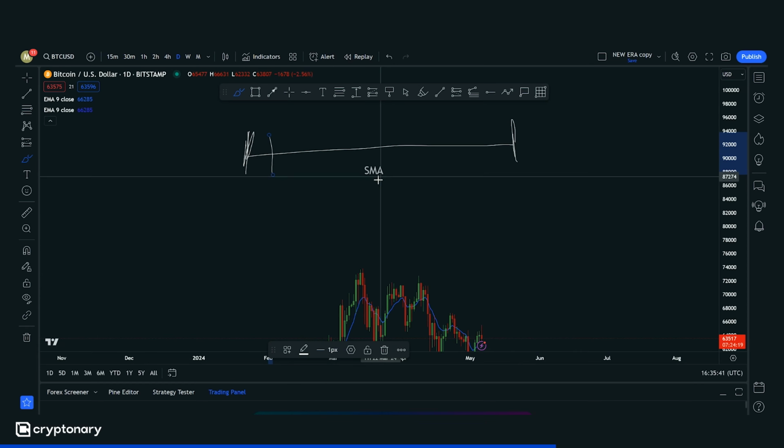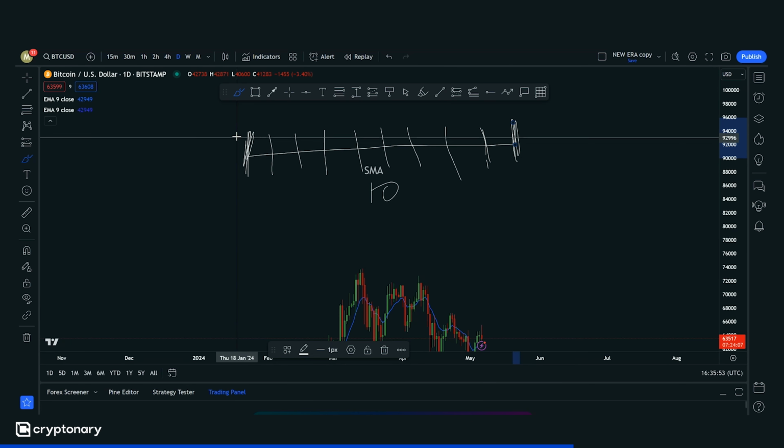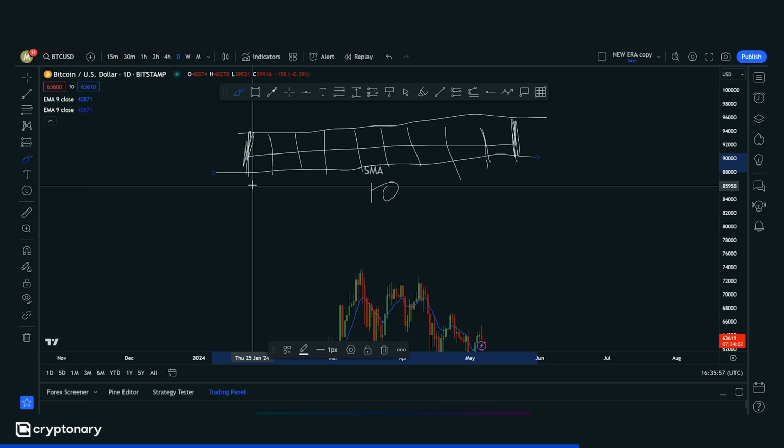So say this is over 10 days, so this is a 10-day SMA. We have 1 day, 2 days, 3 days, 4 days, 5 days, 6 days, 7 days, 8 days, 9 days, 10 days. All very equal in size, because the SMA values each day the exact same in terms of its data readings.